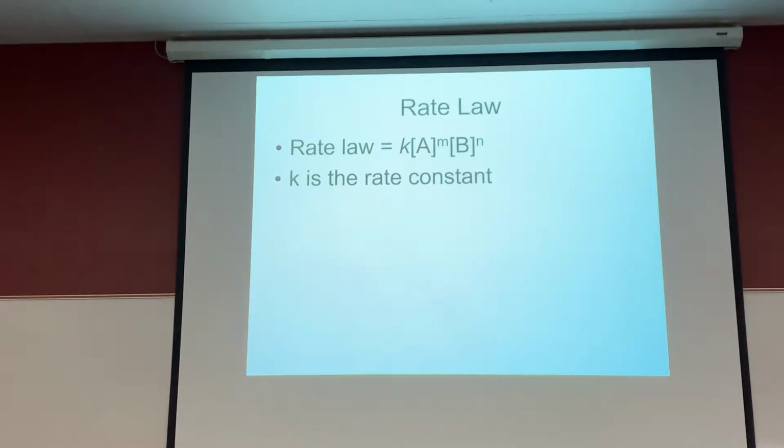Because you'll remember rates are measured in molarity per second or molarity per minute, some kind of change in amount per minute. There's no minutes that show up on the right-hand side, at least with respect to the 2 terms A and B. The rate constant lets you deal with the time factor as well as whatever shows up for concentration. You'll see a couple of examples of that here.